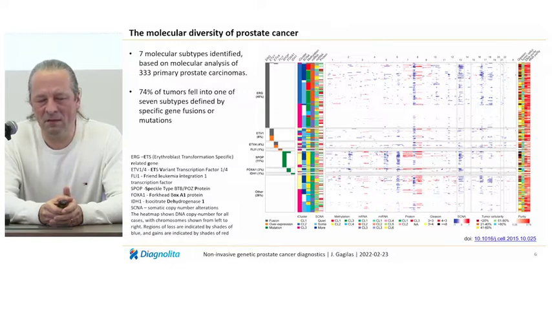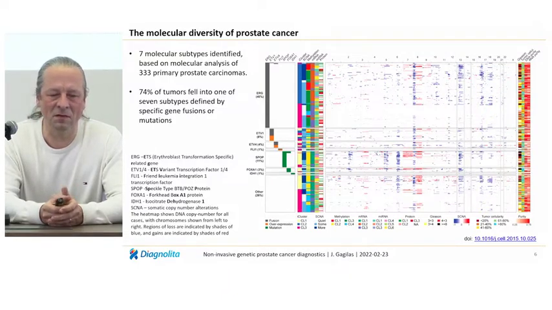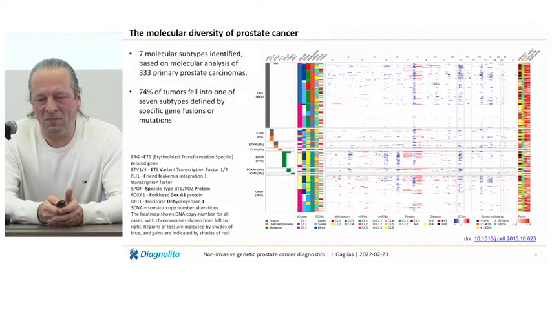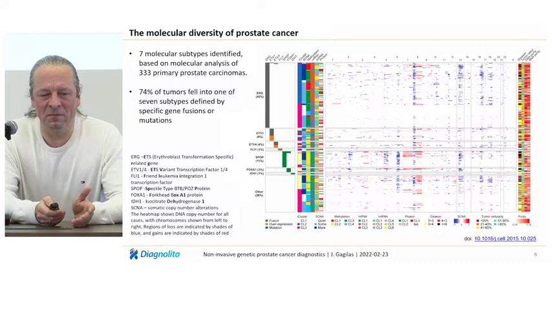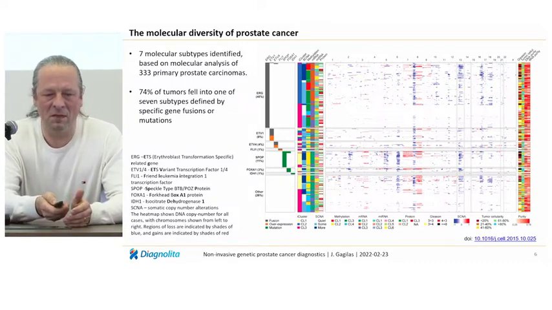The remaining 26% of tumors do not fall into any group. They are not classified. So from the point of view of diagnostics, you still have a quite large group of cancers which would not be represented by any genetic biomarkers.